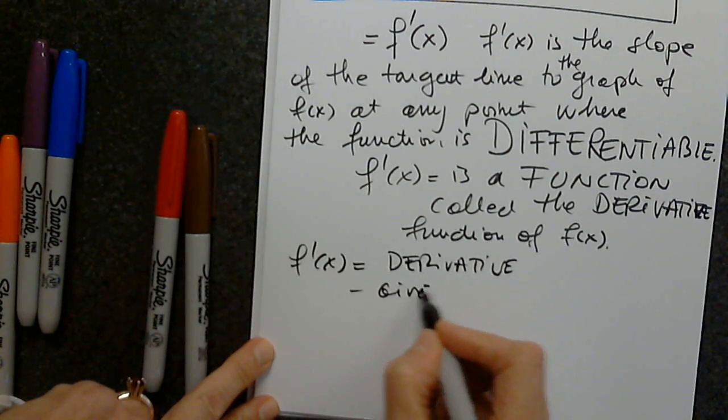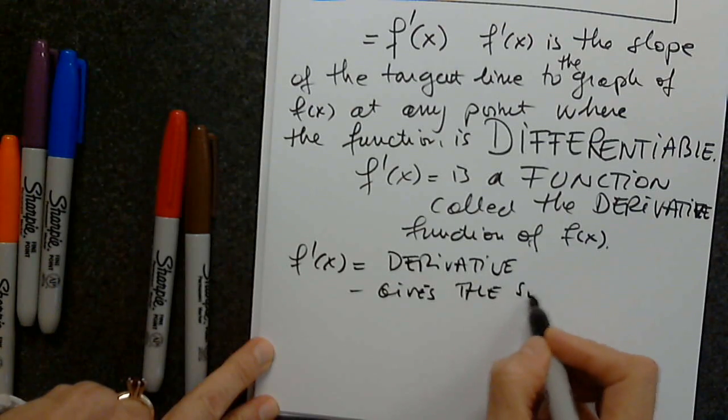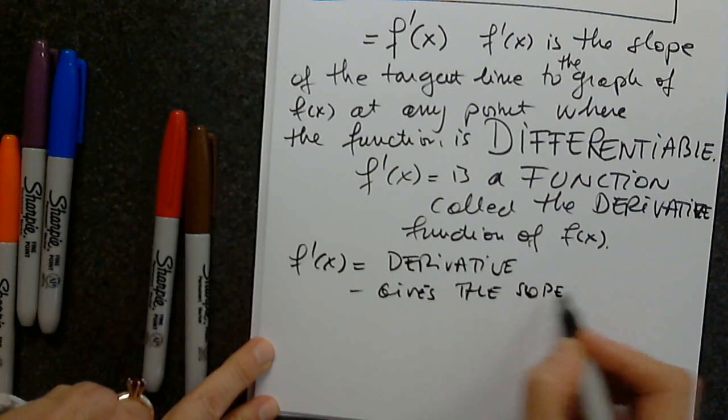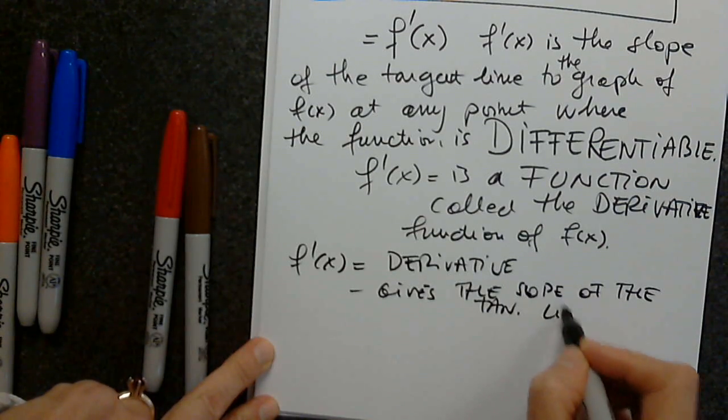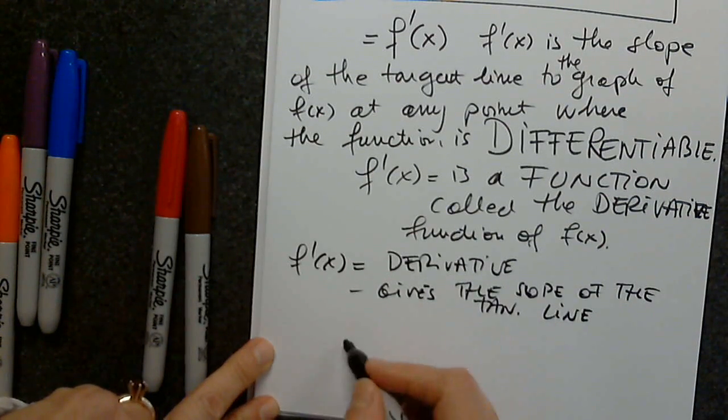So f prime of x, in summary, the derivative gives the slope of the tangent line at any point.